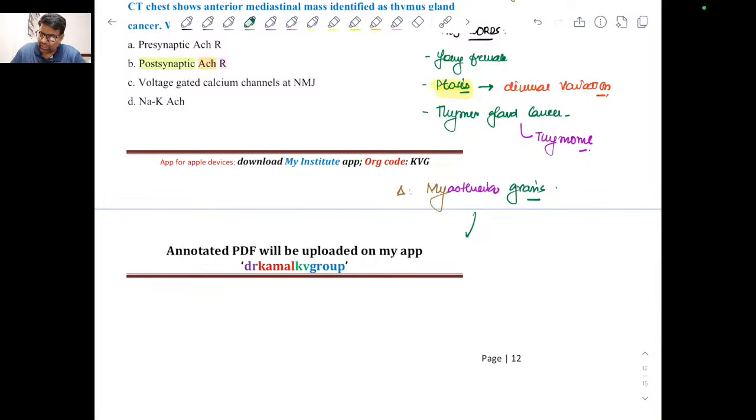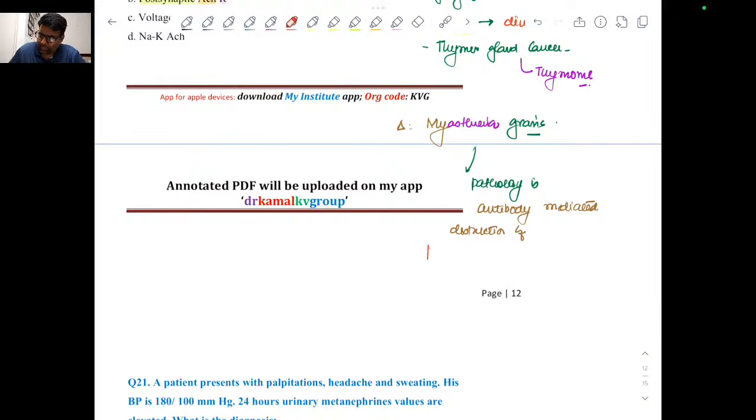So the pathology is antibody mediated destruction of post synaptic acetylcholine nicotinic receptors.